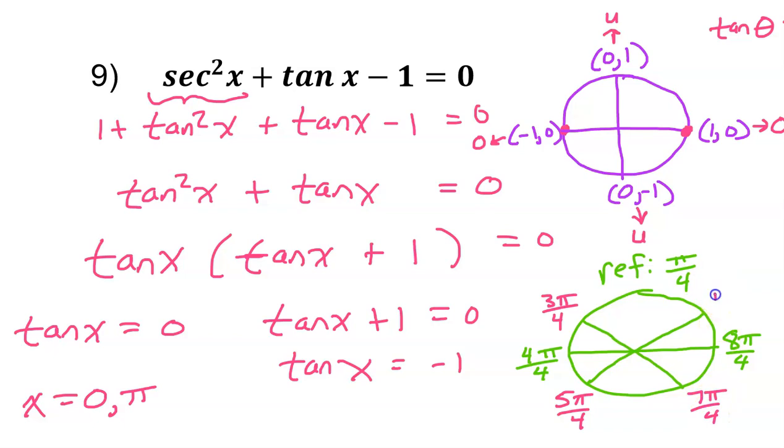And this, of course, is the reference angle itself of pi over 4. The tangent of any of these four angles will be some kind of a 1. It's just that we will get positive 1 in the first quadrant and in the third quadrant, and we will get negative 1 in the second quadrant and in the fourth quadrant. Well, in this case, we want tangent to equal negative 1. So that's why the solutions will be 3 pi over 4 and 7 pi over 4.